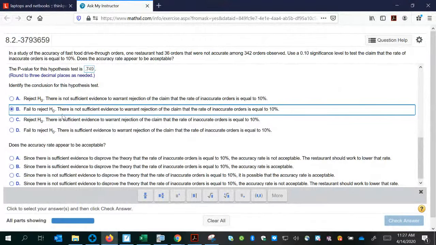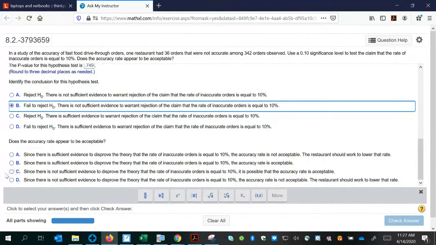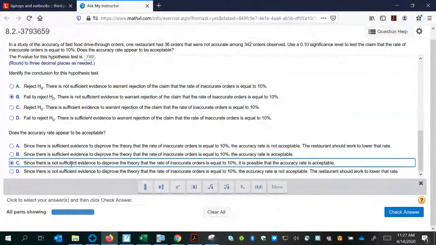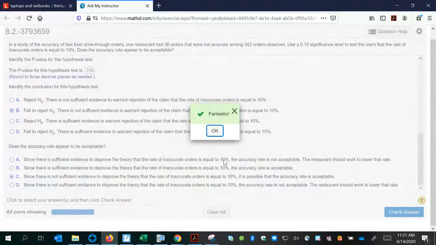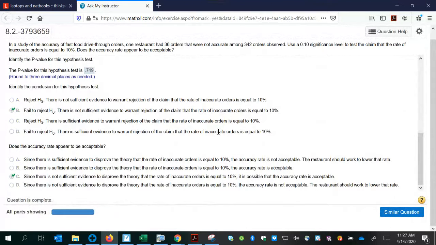B, fail to reject. There is not sufficient evidence to warrant rejection of the claim. And C, since there is not sufficient evidence to disprove the theory, it is possible that the accuracy rate is acceptable. All right, so we did well. That was a great review. Thank you for that question.